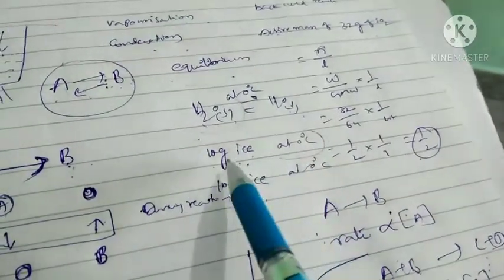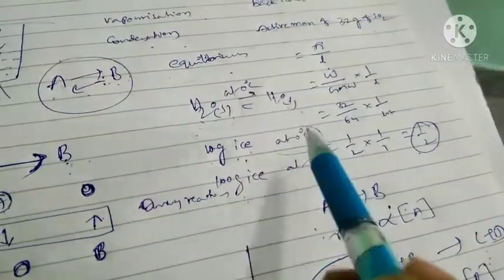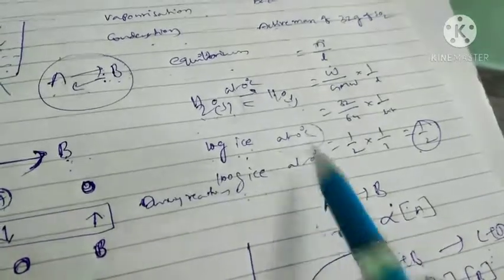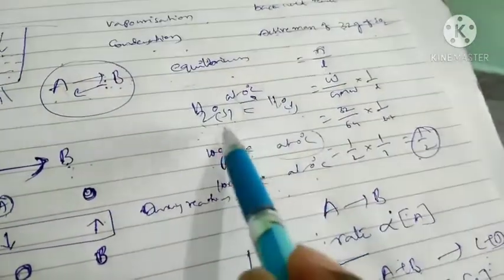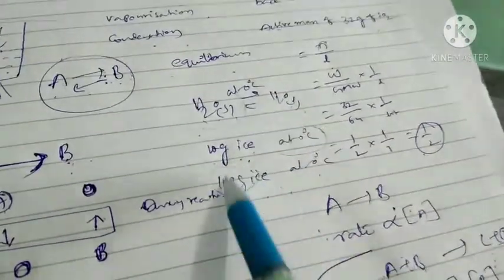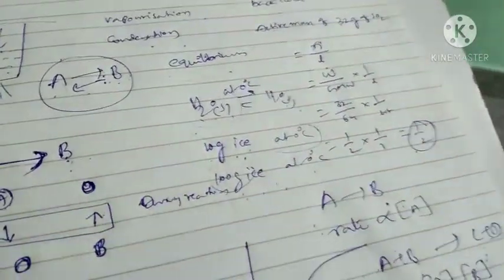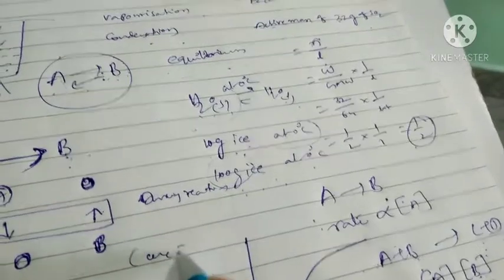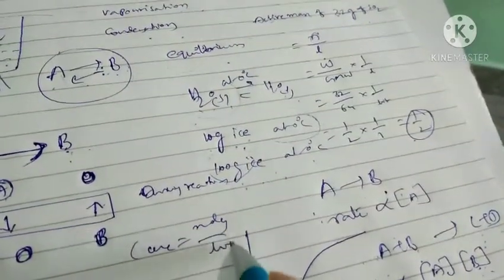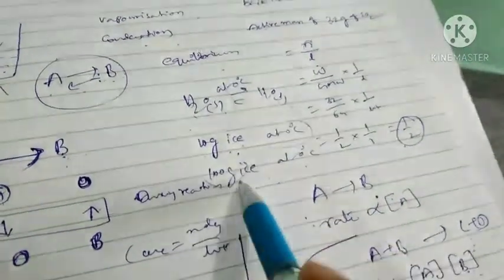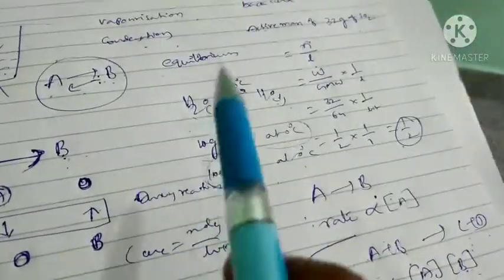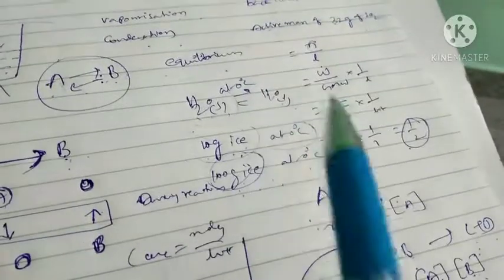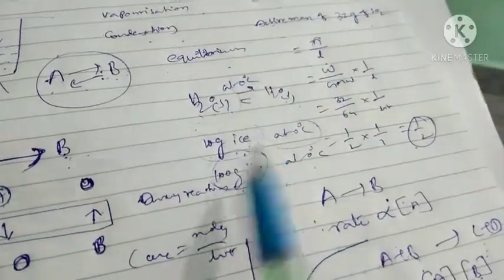That means here the amounts are different, but the temperature is the same. So the rate is not depending on amount. Amount is nothing but concentration. Concentration means moles per liter. Moles means weight by molecular weight. In this example, the rate of reaction is not depending on amount. That is why law of mass action is not applicable to physical equilibrium.